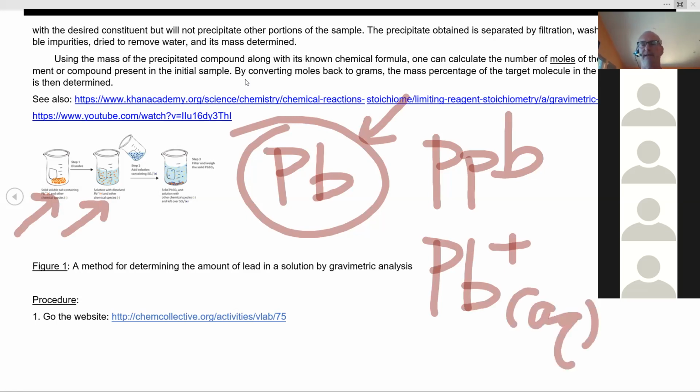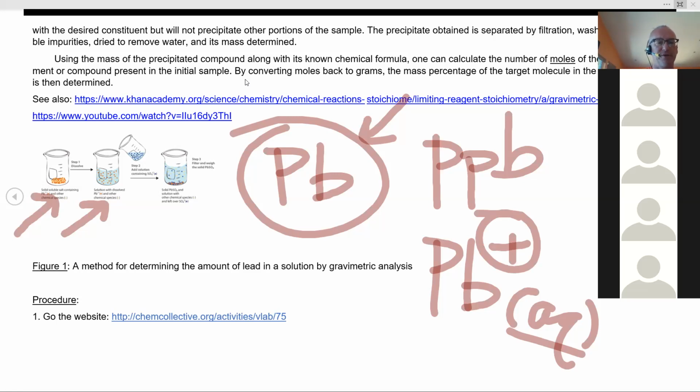Anyone tell me what that means? Aqueous. So what does that mean, though? It's dissolved in water. Exactly. Very good. It means it's an ion. This tells us it's an ion, and this tells us it's dissolved in water. And so it's just floating around in water.